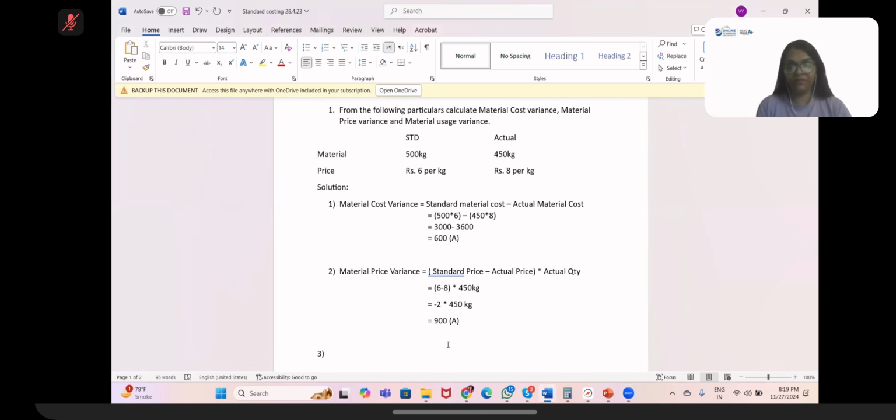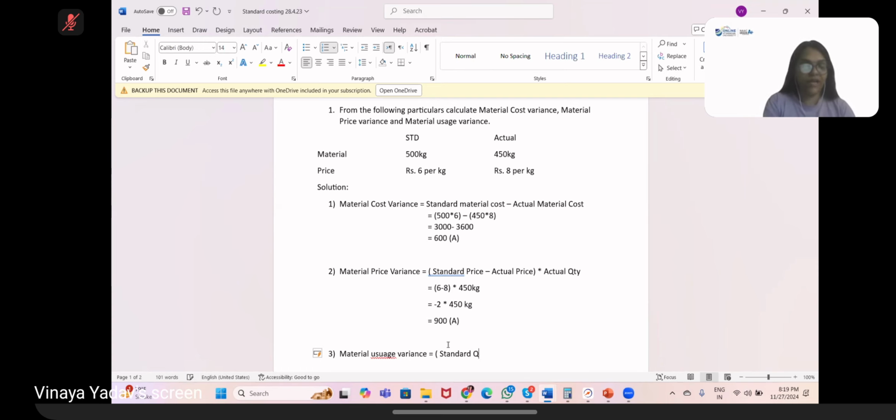Now third one, material usage variance. Okay, now material usage variance का फॉर्मूला था स्टैंडर्ड क्वांटिटी माइनस एक्चुअल क्वांटिटी into standard price.